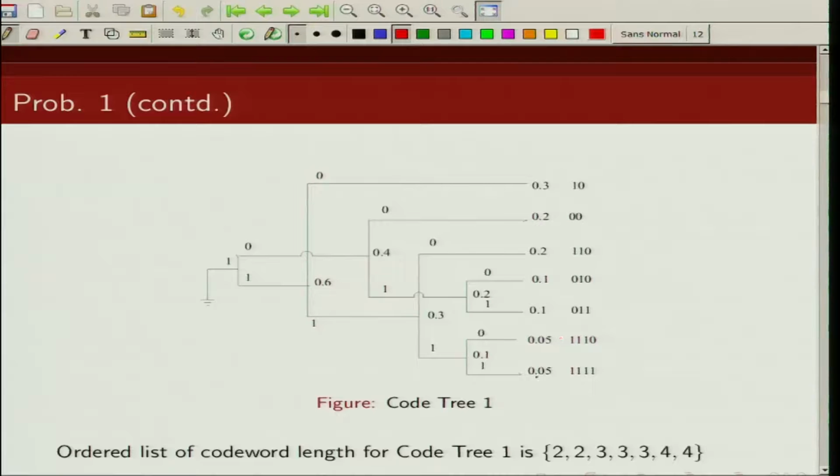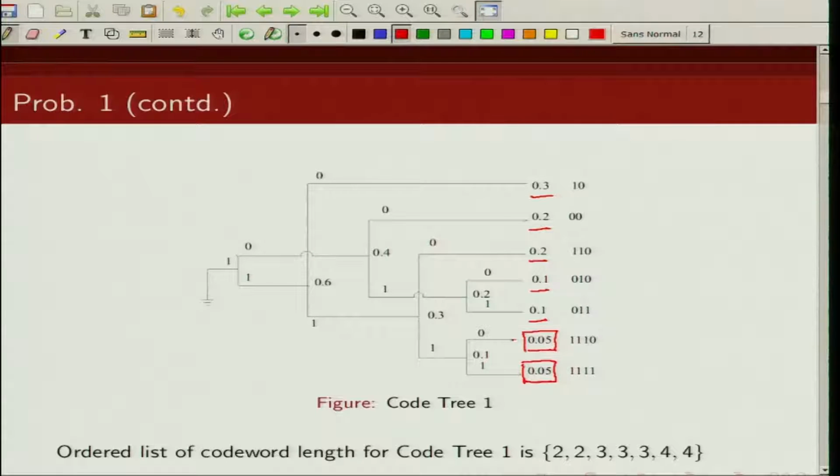So in this example, these are the probabilities of the U_i: 0.05, 0.05, 0.1, 0.1, 0.2, 0.2 and 0.3. First we are going to combine these two.